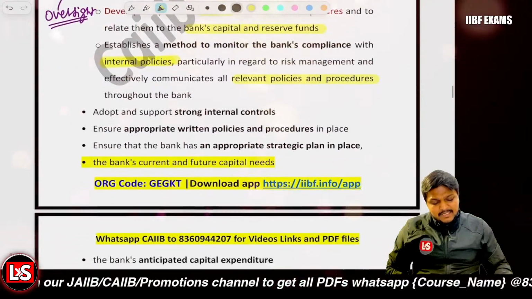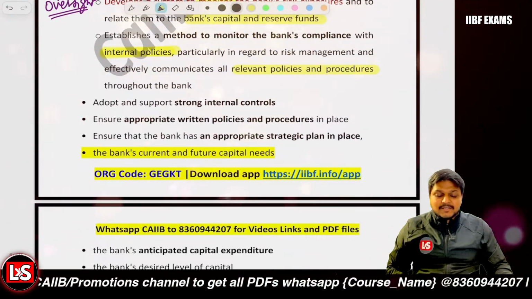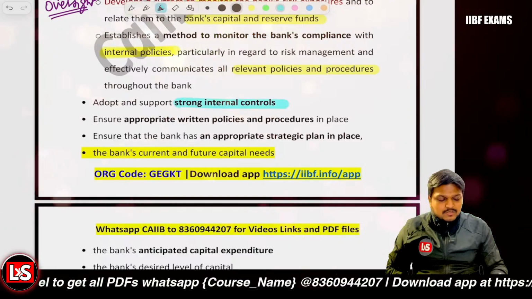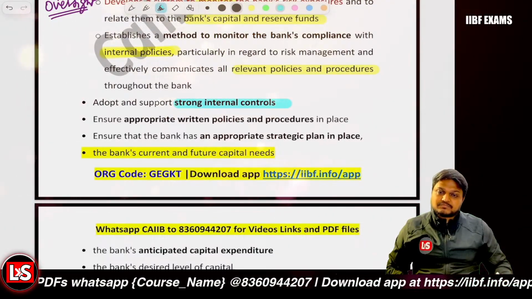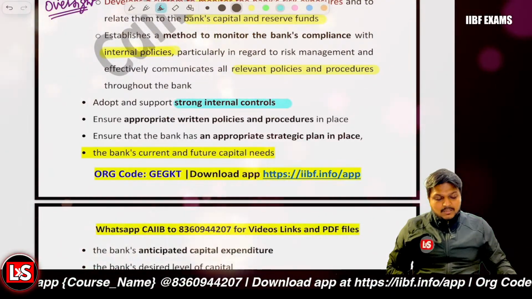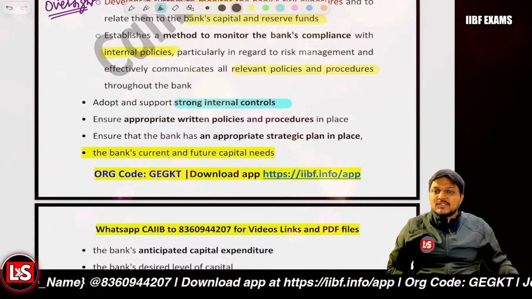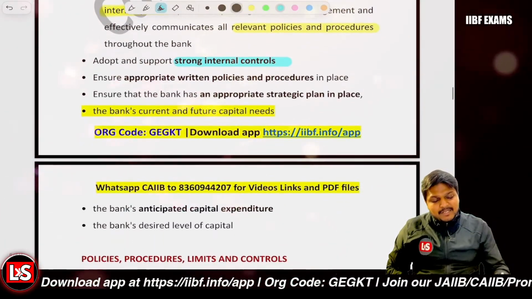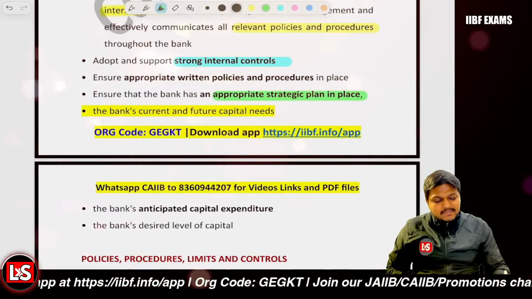Third one, we can say it's about the internal controls, that we should be having the strong internal controls. Those must be there. The written policies and procedures should be there, right? Appropriate strategic plan should be there in place.